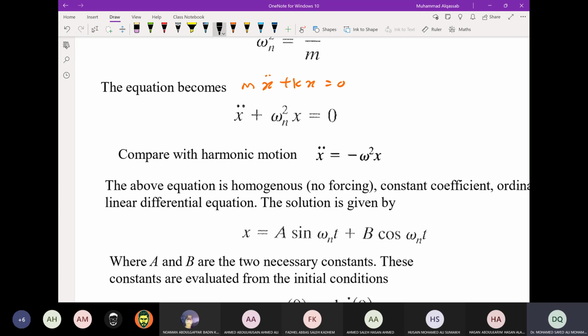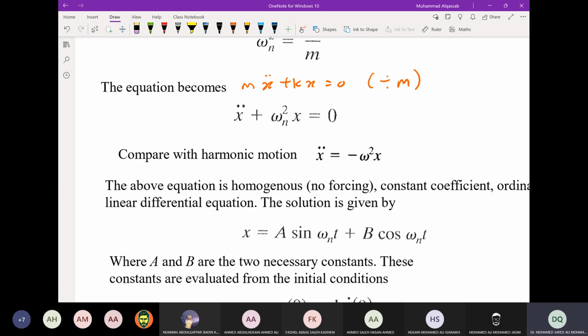So once you reach the differential equation in this form, you divide by m, then you reach the final differential equation. The coefficient of x is the natural frequency squared. So without solving the differential equation, we reach the first goal we set for ourselves. We need to find the natural frequency.